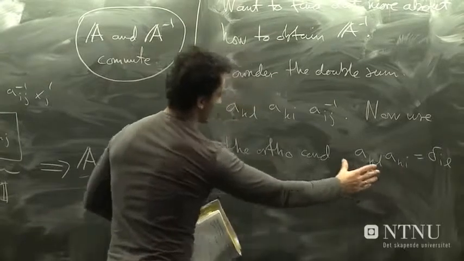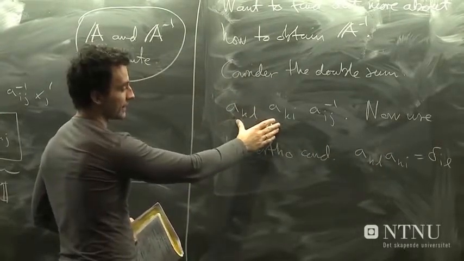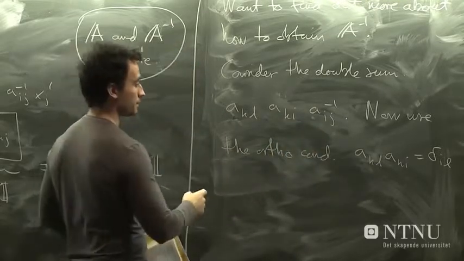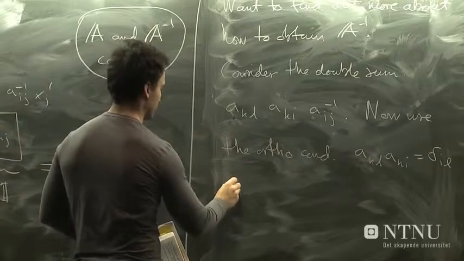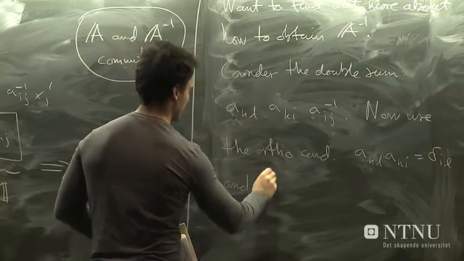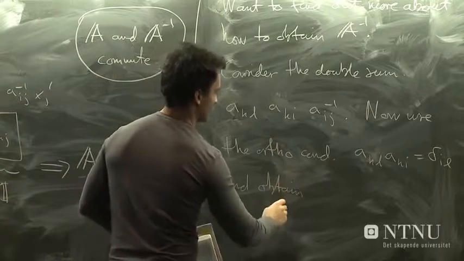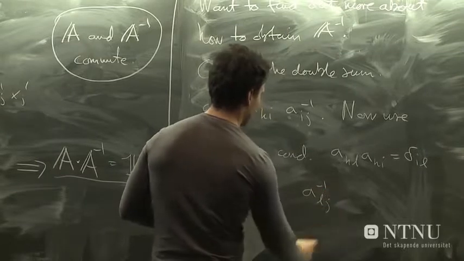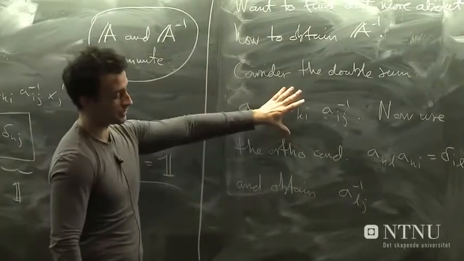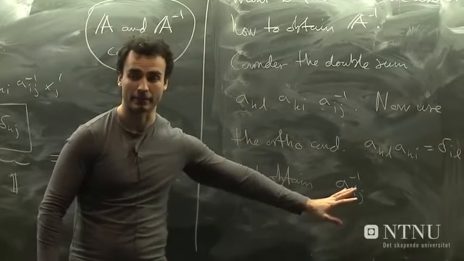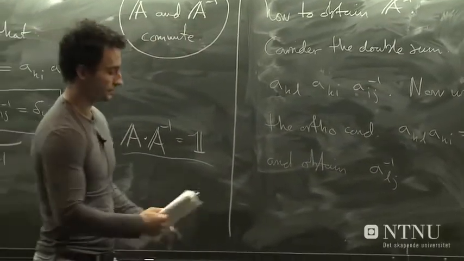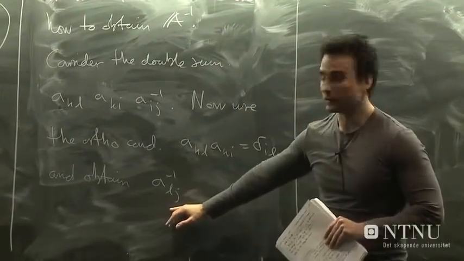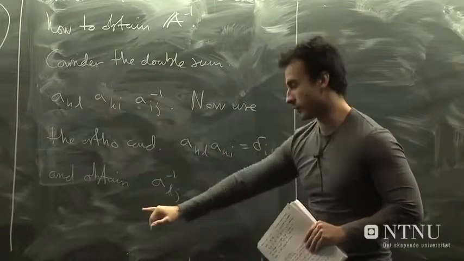So if I now insert this here, I have delta il multiplied with Aij inverse. And in fact, this double sum becomes Alj inverse. So that's one way. That's one relation. We have that this is equal to this.